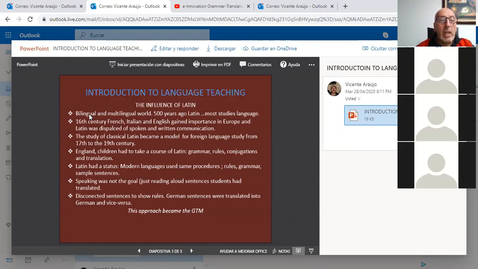Well, we live in a bilingual and multilingual world. In some countries, people are able to speak 4, 5 languages. In Europe, for example, people speak a lot of languages, at least 2.